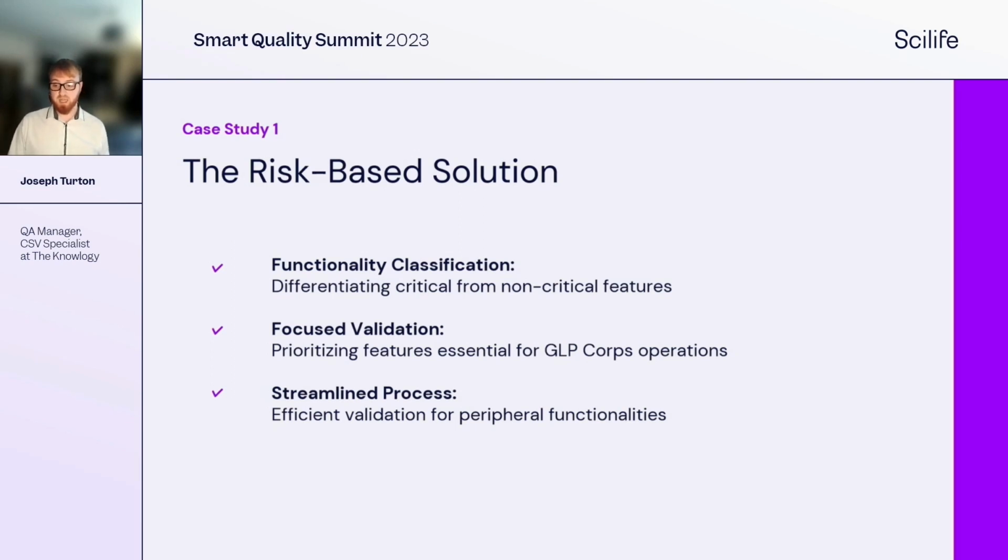GLP Corp was able to ensure that every function was validated in depth, and the scrutiny was tailored based on the level of criticality. GLP Corp strategically went through a thoughtful weighing and balancing, ensuring that every function underwent validation, though the resources were meticulously optimized.